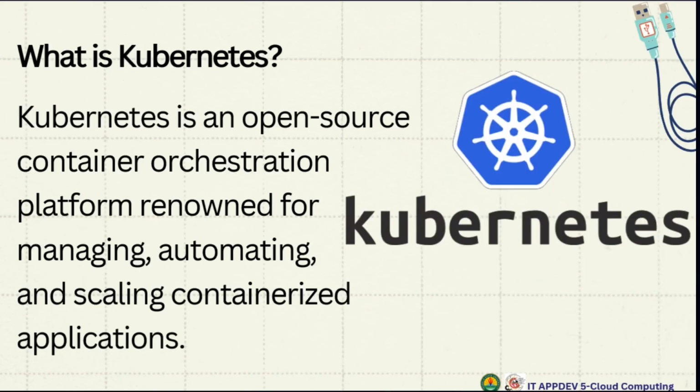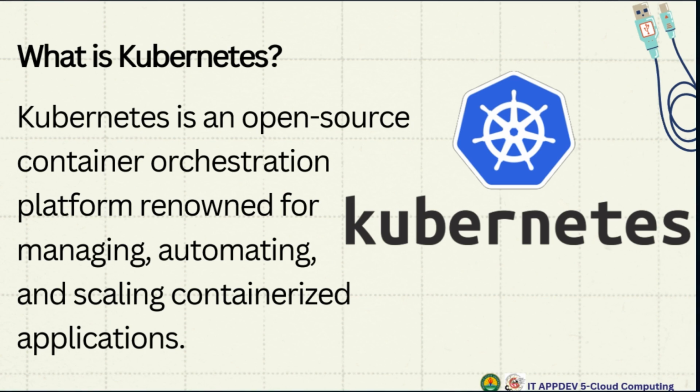So let's talk about what Kubernetes does. First, let us read the definition of Kubernetes. Kubernetes is an open source container orchestration platform renowned for managing, automating, and scaling containerized applications. Organizations use Kubernetes to automate the deployment and the management of those containerized applications, the ones mentioned with Docker earlier.